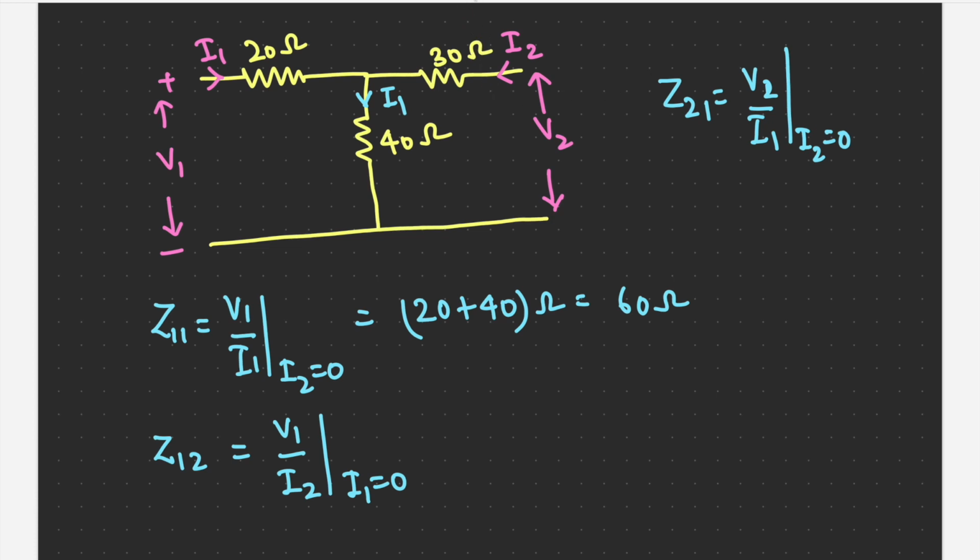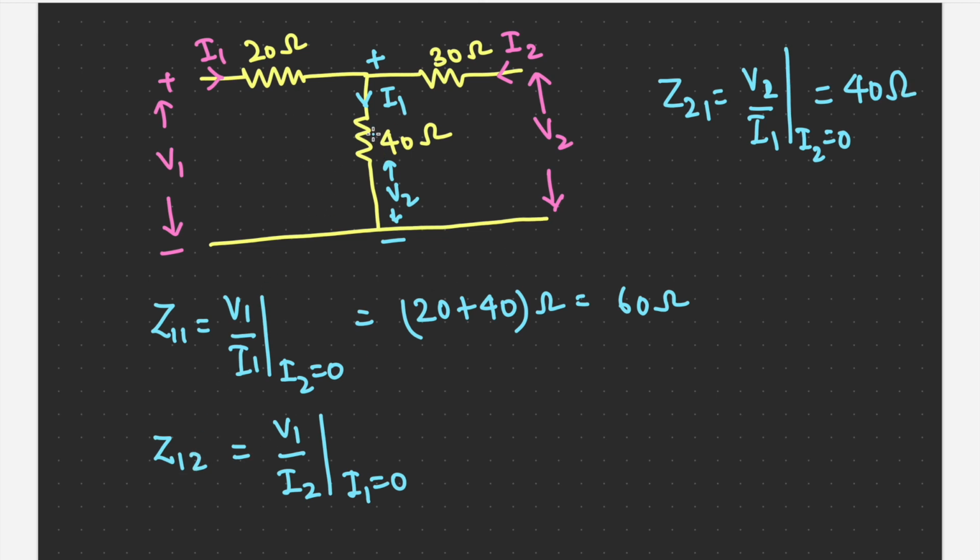For I2 equal to 0, this side is again disconnected and we want to know the ratio of V2, the voltage across this, and I1, which is passing through this. So this ratio will be nothing but this impedance. So V2 by I1 will become 40 ohm.